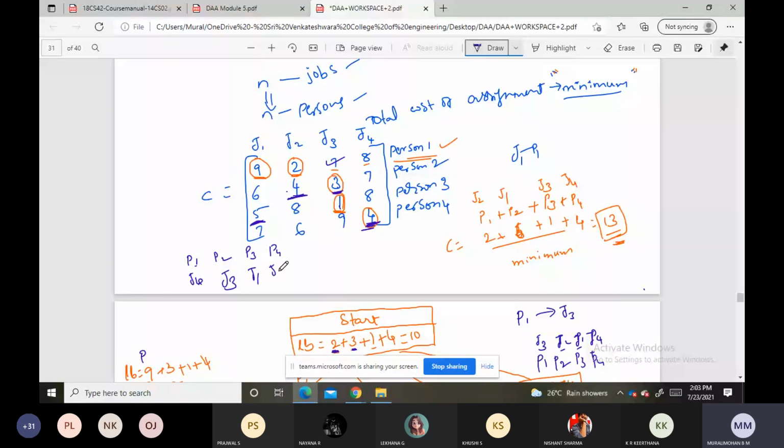So for person 1, job 4 is assigned, that is 8, plus person 2, job 3 is assigned, that is 3, plus person 3, job 1 is assigned, that is 5, plus for person 4, job 2 is assigned, 6. So how much? 8 plus 3 plus 5 plus 6. 22.